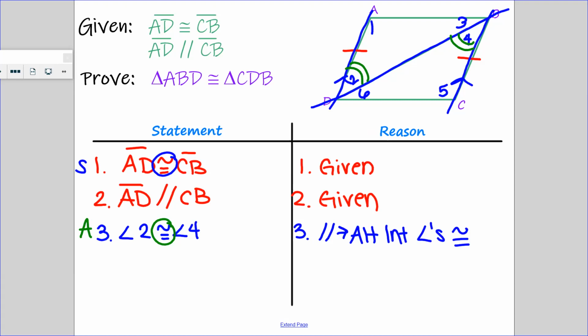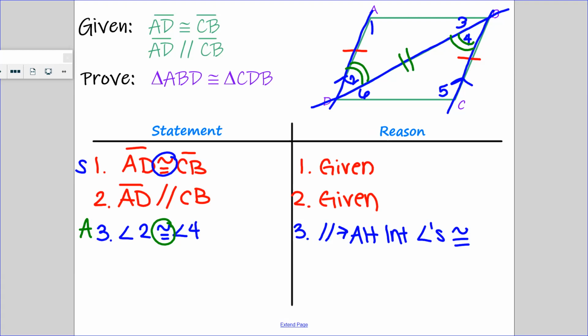How many congruent signs do I need before I can go triangle to triangle? 3. How many do I have right now? 2. I'm out of givens. So I go look at my picture. Anytime you use your picture, there's 2 options, reflexive property or vertical angles. Do either one of those work right now? Which one? The reflexive property. This middle line is congruent to itself.